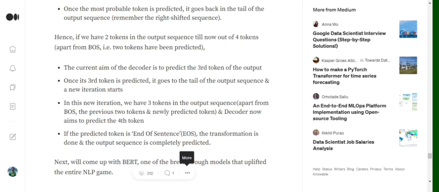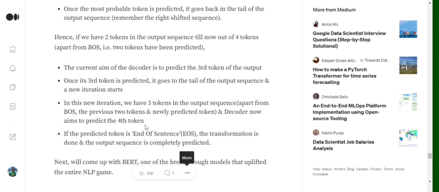Once the third token is predicted, it goes to the tail of the output sequence and a new iteration starts. So there are multiple iterations going on. When you try to predict the fourth token, this third token is already considered in the attention layers, because the decoder knows this is a token it has seen. It is no longer a future token.